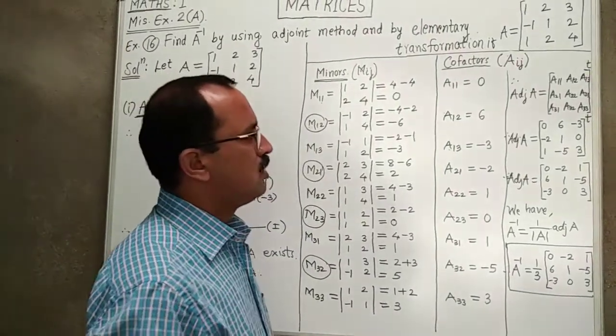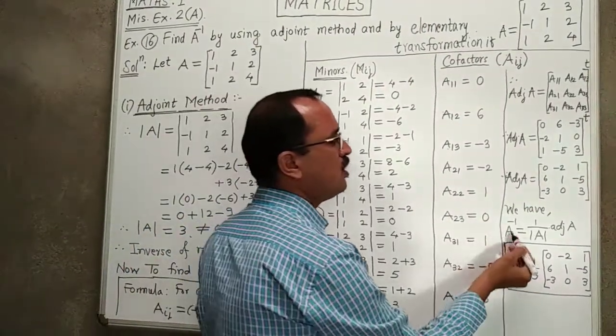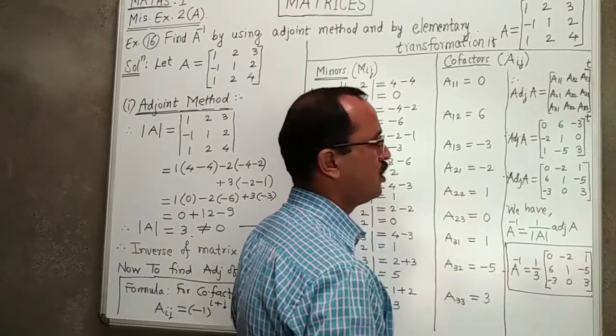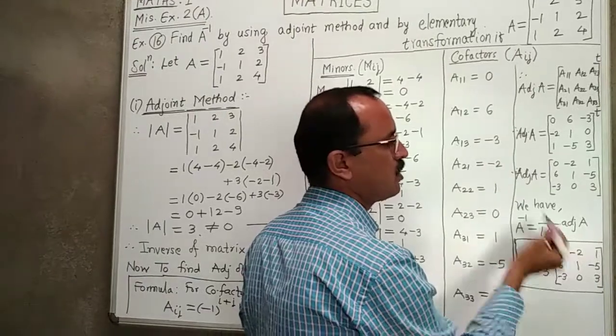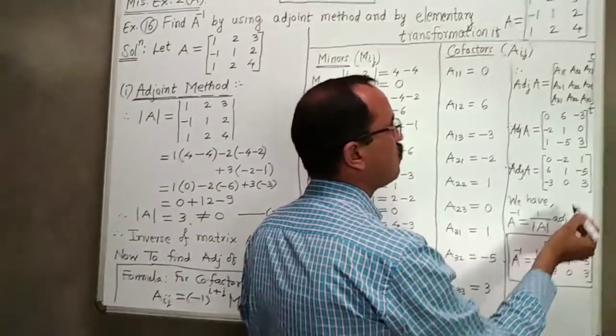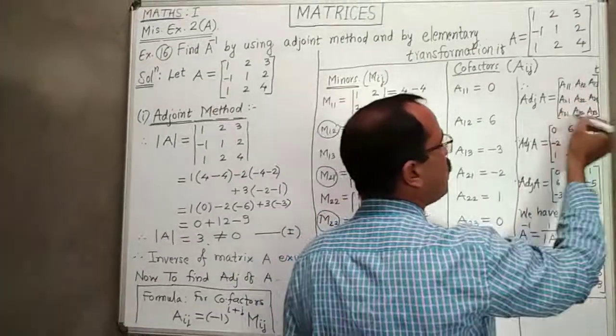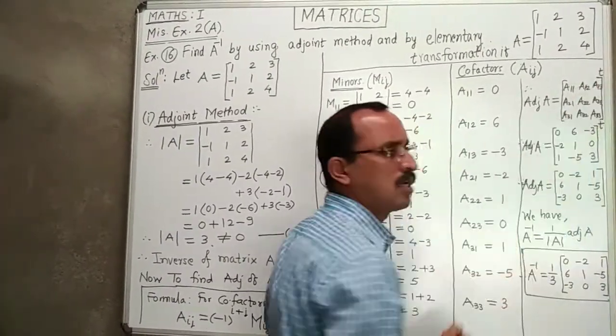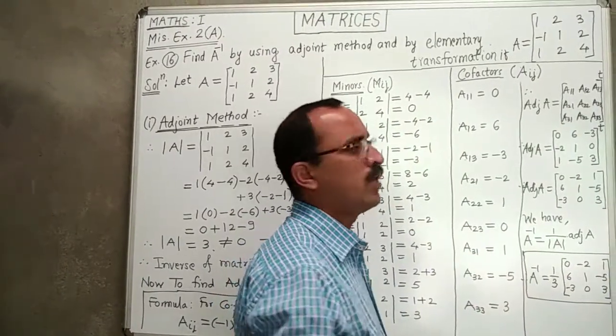Now our formula is A inverse is equal to 1 upon determinant of A into adjoint of A. We found the determinant of A already. Now to find the adjoint of A, first of all we write all cofactors in matrix form and then take the transpose of that cofactor matrix.